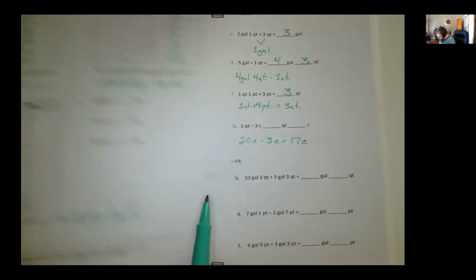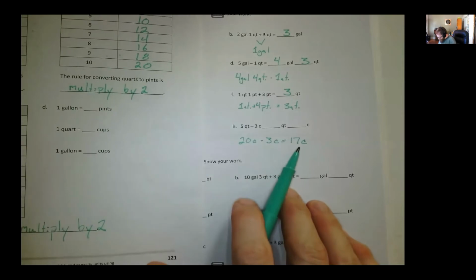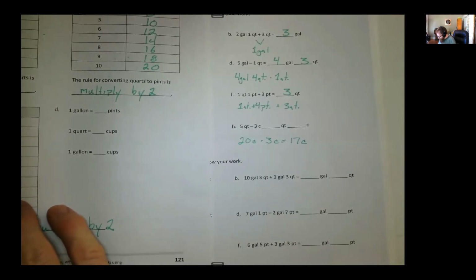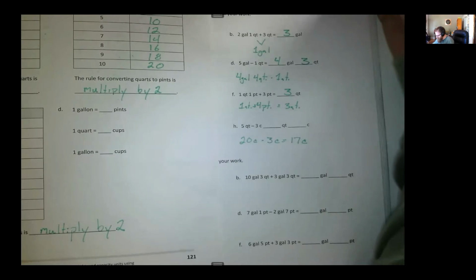But we know that we're converting to quarts, so 10 cups equals 5 pints. 5 pints equals 2.5 quarts.